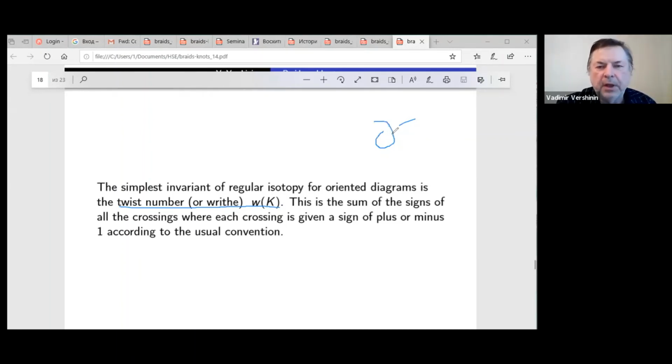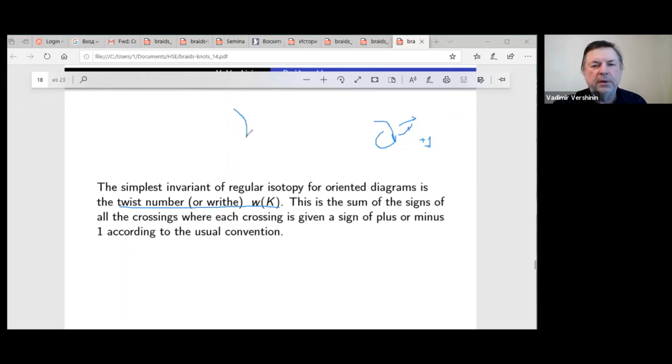For example, if you have this direction, then the rise of this part of this crossing is equal to +1. Rise is equal to +1 because we are going in this direction.